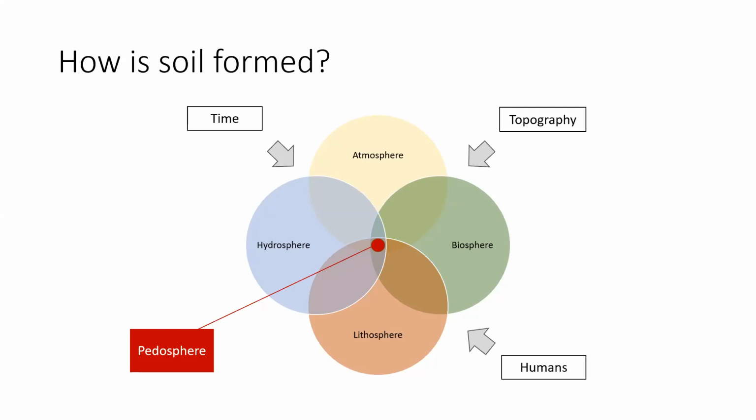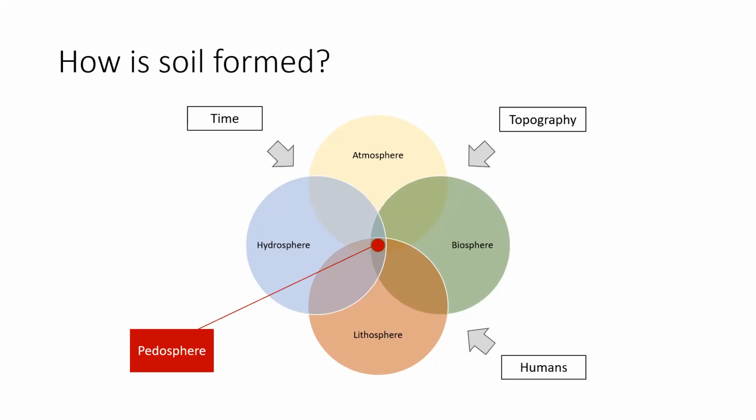Topography, and particularly the gravity that pulls things down, both water and soil particles, and that topography leads to sedimentary soils, for instance, stacking on top of each other and forming soil. And people. So the influence of people has always been very important in forming soils. That's how we have agricultural soils.